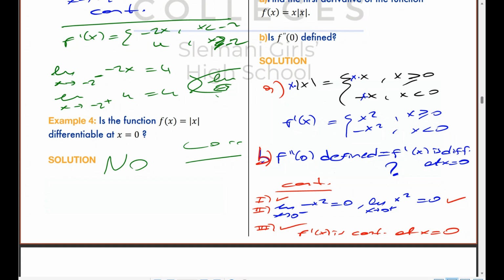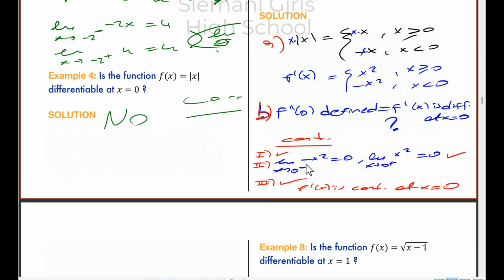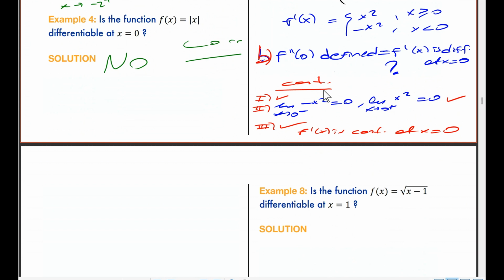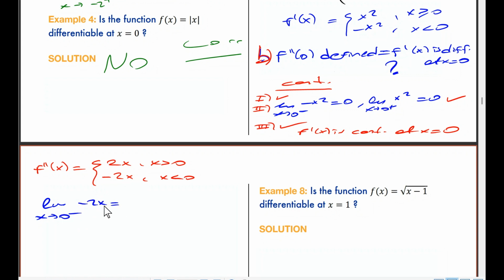So what's our next step? Our next step is taking the derivative of that piecewise function. We already took the derivative once, so this is the second derivative, f double prime of x, which is equal to, taking the derivative of each piece, 2x when x is more than 0, and negative 2x when x is less than 0. Now, check the limit. If the limit exists, it's differentiable. If not, it's not differentiable. Limit as x approaches 0 from the left, the function is negative 2x, so the limit is negative 2.